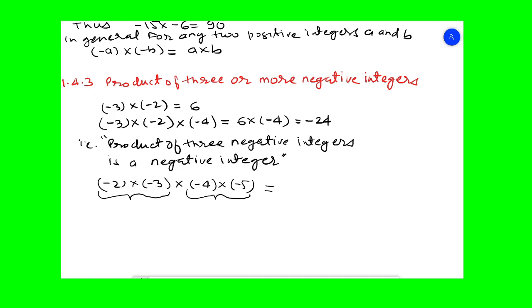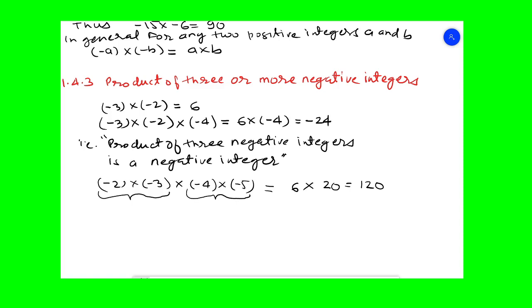The product of these two negative integers gives a positive integer. So this gives us 6, and these two again give us a positive integer. So minus 5 multiplied by minus 4 equal to 20. Now we are getting two positive integers, and we have already learned that when two positive integers are multiplied, we get a positive integer. So we are going to get 120, which is a positive integer.